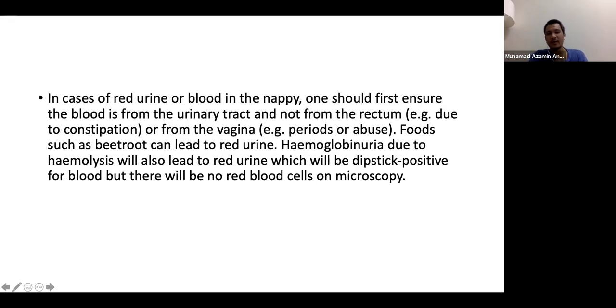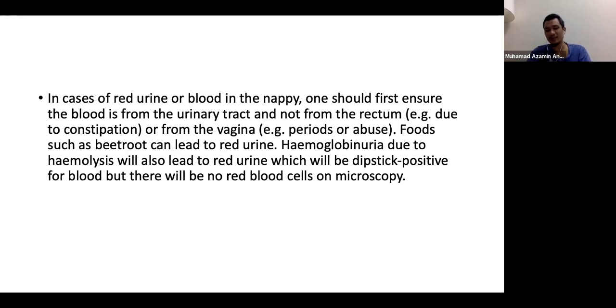So the first thing that you want to know when you see hematuria is where this blood is coming from. Is it from the urine or is it from the rectum? Okay. If it's the rectum, sometimes constipation can cause a bit of a tear in the rectum that leads to bleeding, or sometimes it's from the vagina itself because of the period.